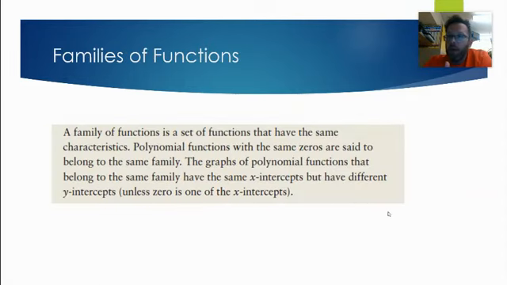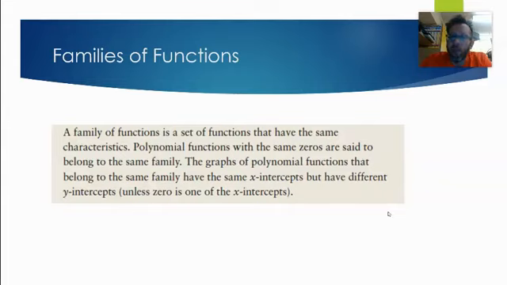So what you saw there is a family of functions. But now we're generalizing to polynomial functions, whereas in grade 11, you only talked about families of quadratic functions. A family of functions is a set of functions that have the same characteristics. And we say that polynomial functions with the same zeros belong to the same family.